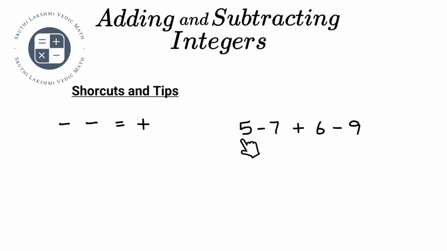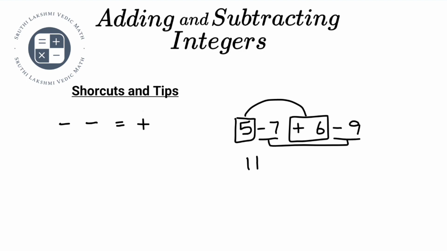So let's say you have 5 minus 7 plus 6 minus 9. So here, what we would do is add 5 and 6 together since they both are positive. 5 plus 6 is 11. And next we add negative 7 plus negative 9 using our addition rule.